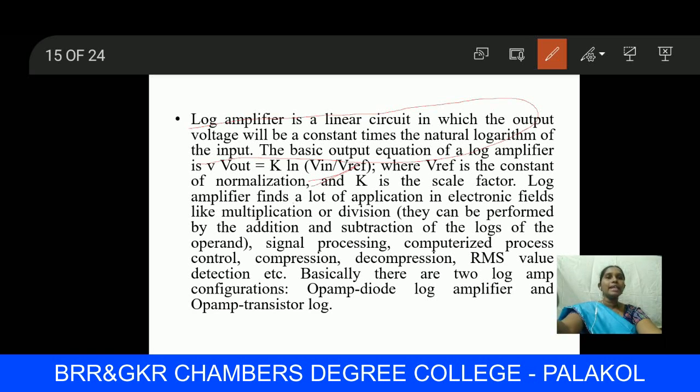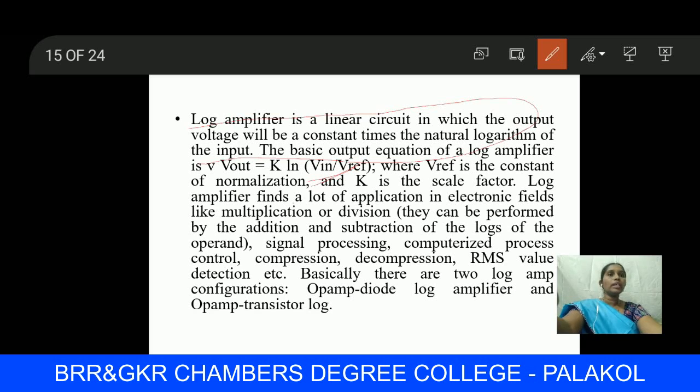So the basic output equation of the logarithmic amplifier is Vout is equal to some constant k times the natural logarithm of Vin by Vreference, where Vreference is the constant of normalization. The k is the scalar constant.